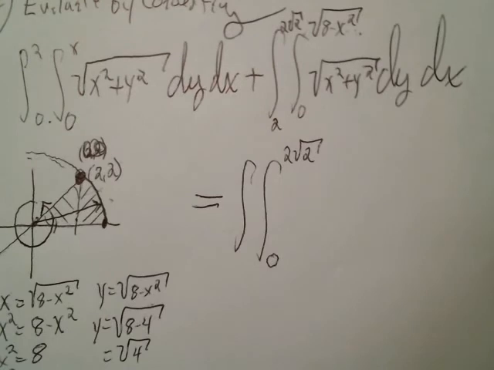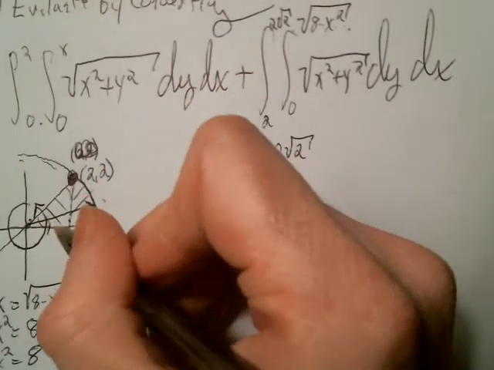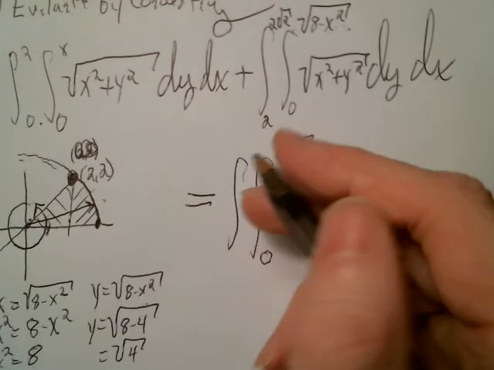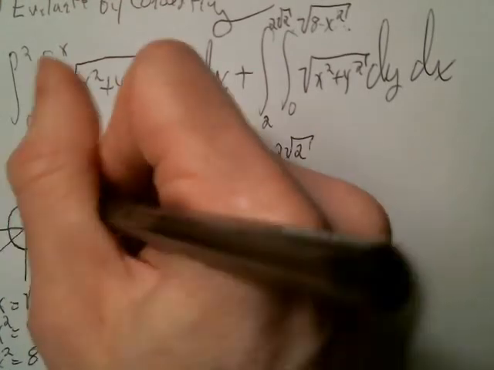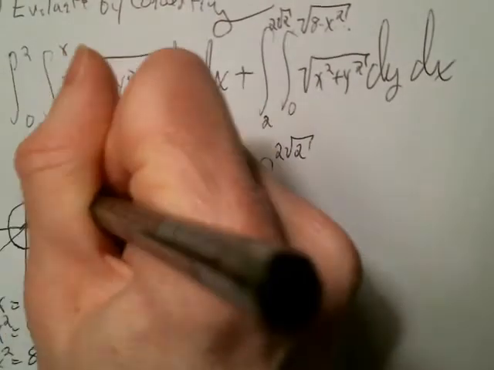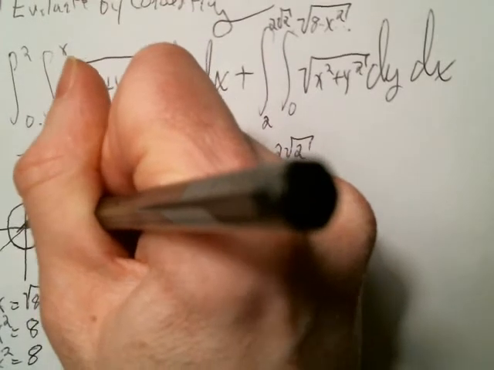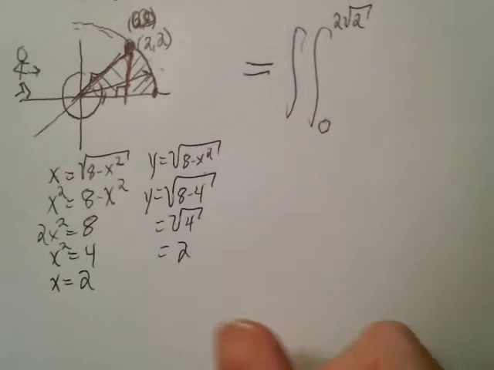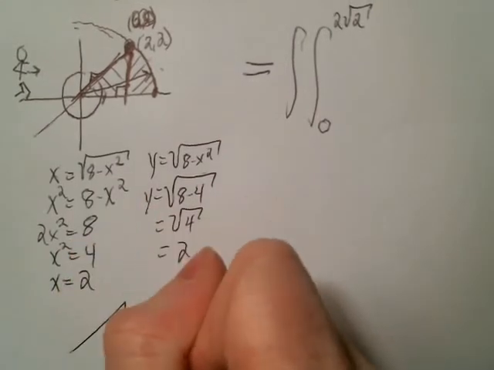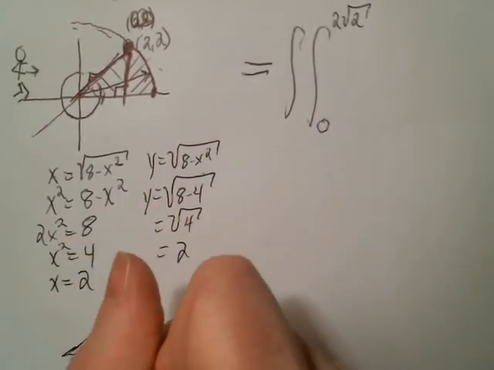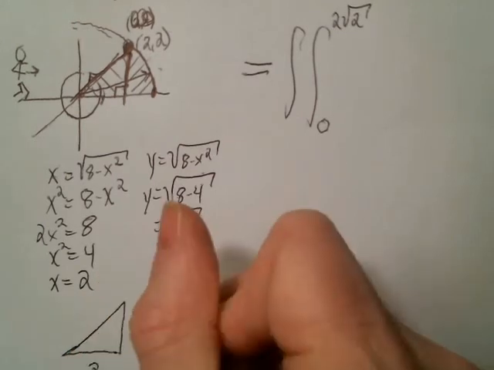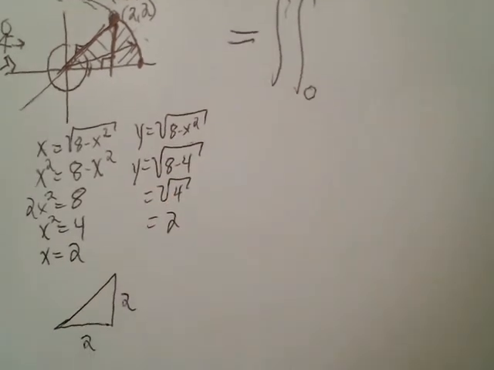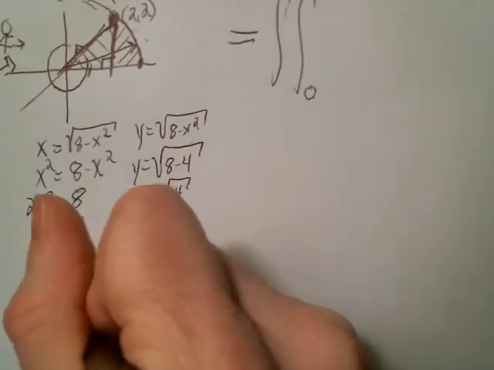Okay. And for the angle, to know how far he has to go, you can use trig. So this is a right triangle right here. And if you extract that right triangle and take a look at its sides, what do you have? Well, you have a base of 2, a height of 2, and a right angle.